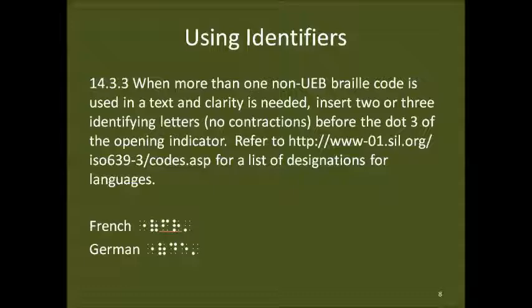So that whole thing is the identifier for the non-UEB code. Or if we have German, again, we're not going to just guess and say, oh, I like G or GER. We can't use contractions. We use the designation from this website, and it's for Deutsch, so DE. So our non-UEB passage indicator has an additional component of the DE in there.